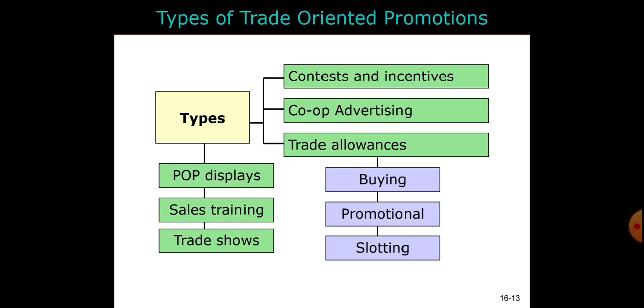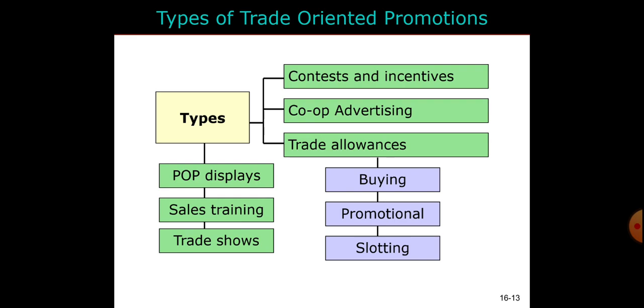Trade allowance: if you place an order from one company to another company while buying, there will be some allowances that are given. Slotting is applicable to the retail industry. Let's suppose a retail business tries to purchase some bulk amounts.